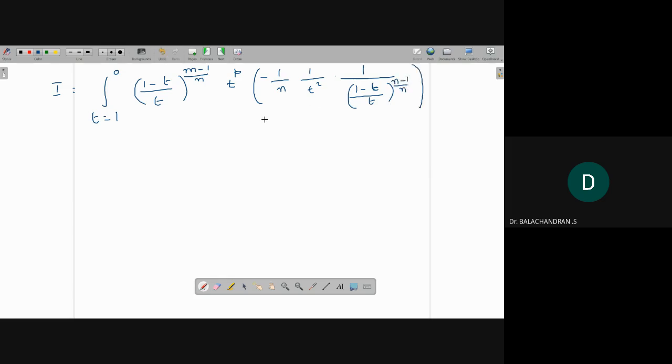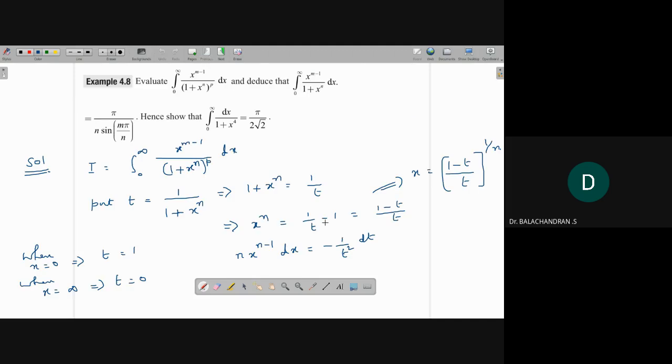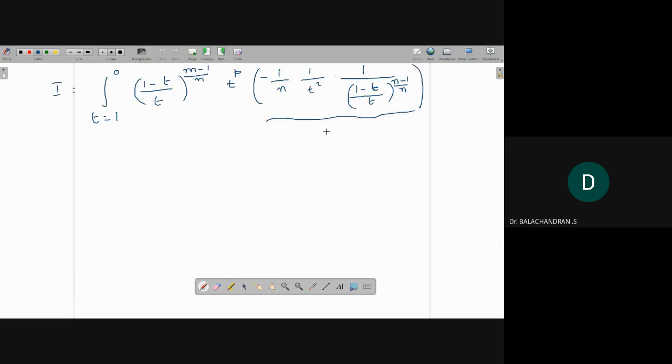So this is dx, and this is dt. Now when I simplify further, because of this minus, I can interchange the limits. 1 by n is constant.